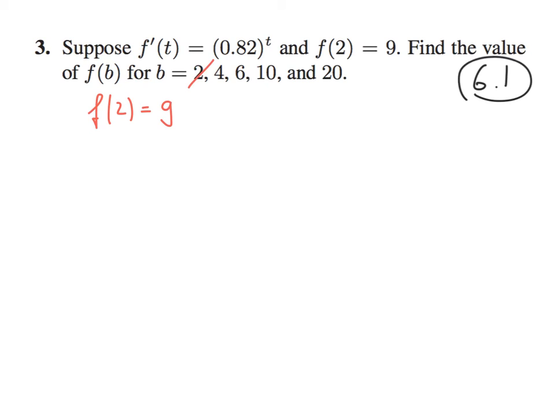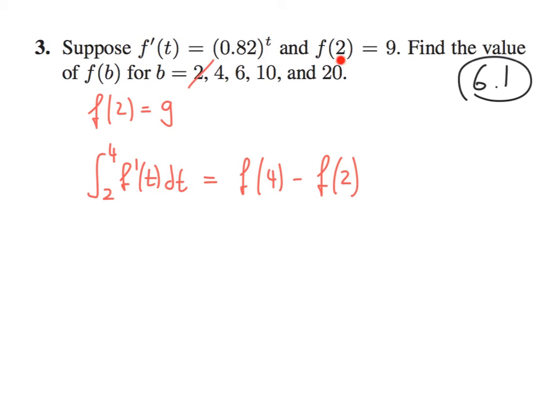Well, we know that by the fundamental theorem of calculus, the definite integral from 2 to 4 of f prime of t dt is the same as f of 4 minus f of 2. But f of 2 is already given to us, right? This is the extra information that is given. It is similar to the previous problem where the fixed costs were given to us, so C of 0 was given to us.